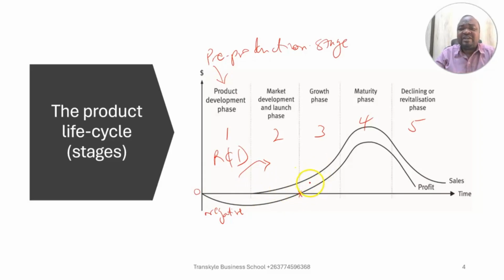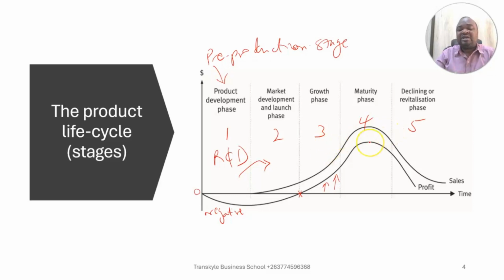Then after that phase, we start to incur some profitability. Yeah, our profitability line is growing, which means this becomes the growth phase. The product has gained much attention in the market. It is now being known and sales are increasing rapidly.